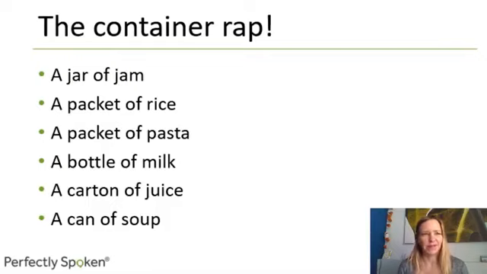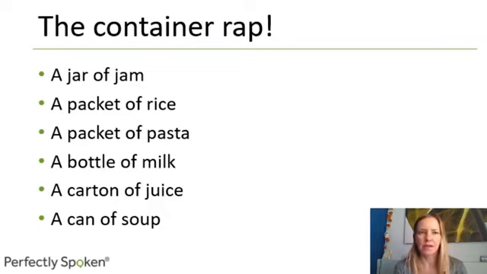So just listen to the container wrap. A jar of jam, a packet of rice, a packet of pasta, a bottle of milk, a carton of juice, a can of soup. Now listen to each one. A jar of jam. Do you notice we say jar of, not a jar of.